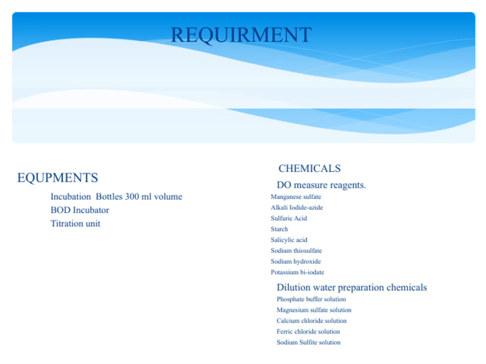When it comes to preparing dilution water, specific chemicals are required to ensure the water's quality. Phosphate buffer solution helps maintain a stable pH, while magnesium sulfate, calcium chloride, ferric chloride, and sodium sulfite solutions are used for various analytical and preparative steps. Moving on to equipment, you'll need incubation bottles of about 300 milliliters in volume.